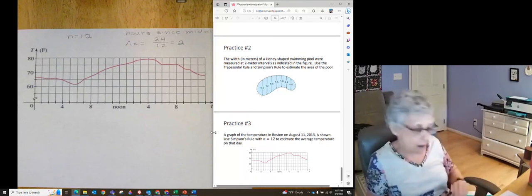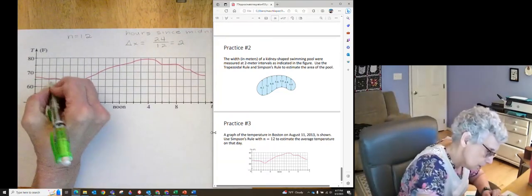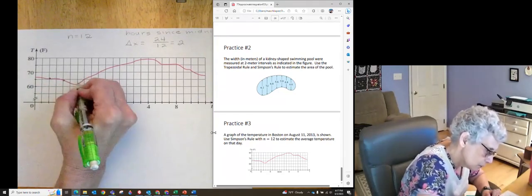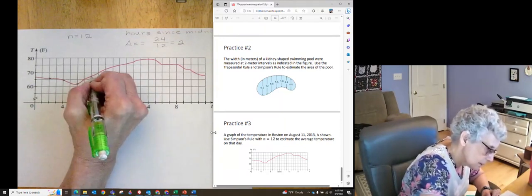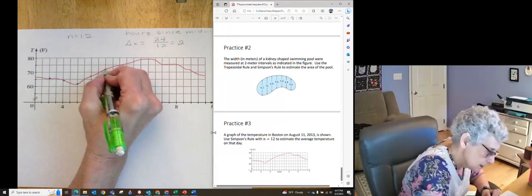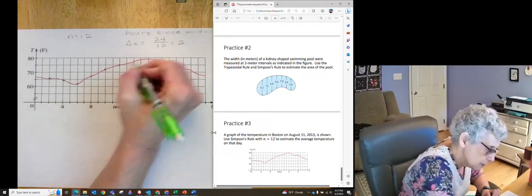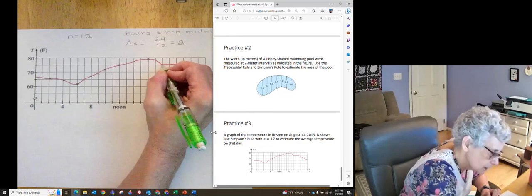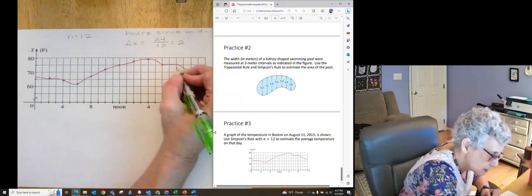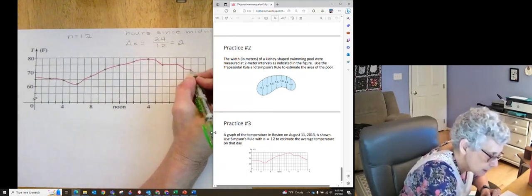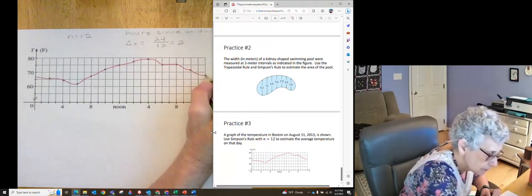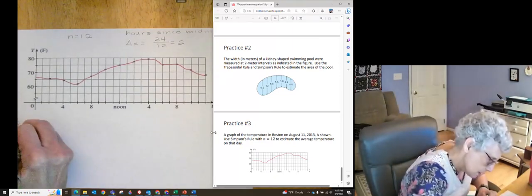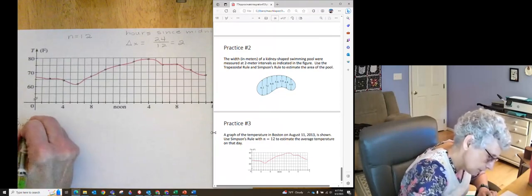So every 2 hours we want to look at the temperature. So right here, 4, 6, 8, 10, noon, 2, 4, 6, 8, 10, midnight. So this would be 12.